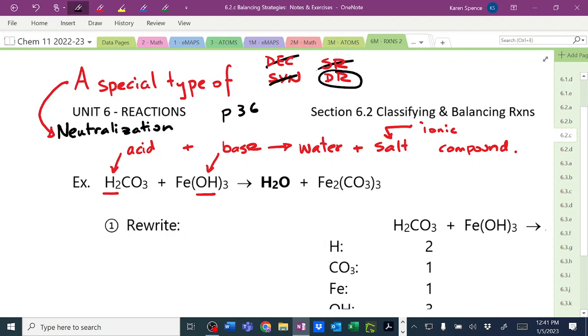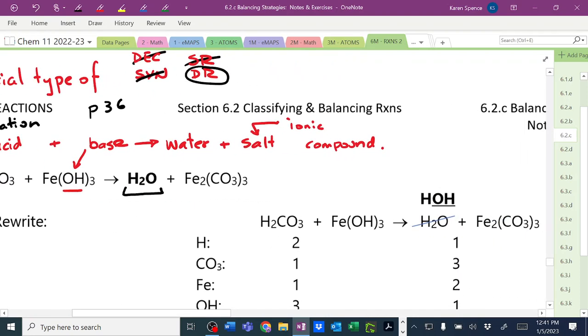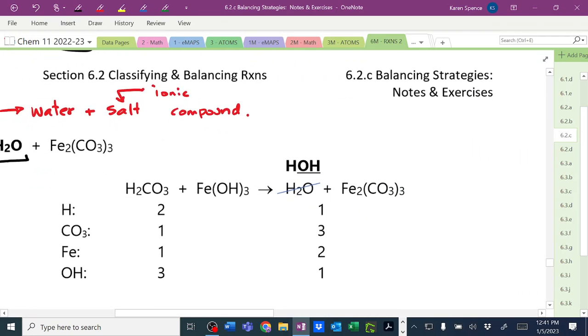Now, easiest way to balance these, if you have any trouble whatsoever, is to take your water, and what would you do with your water? Instead of writing it H2O, you could write it as HOH. So let's do that here. Okay, so we've got it written as HOH, and I've written down all the numbers for us.